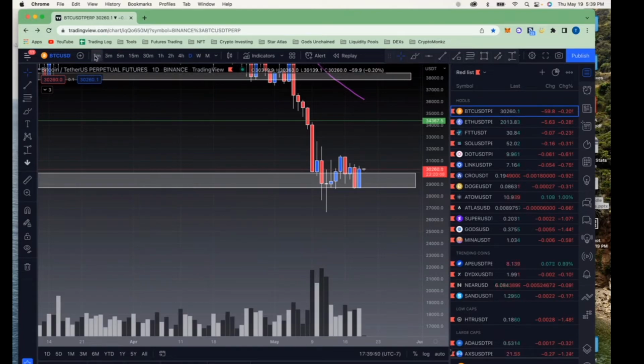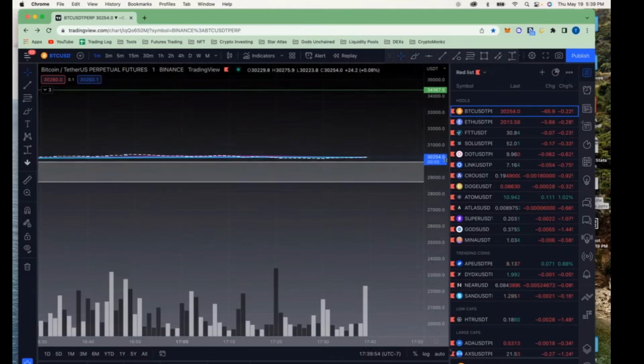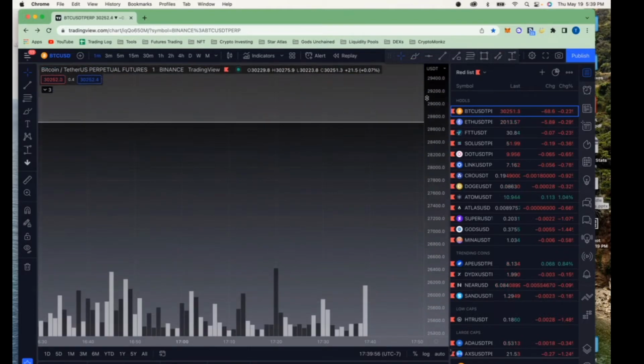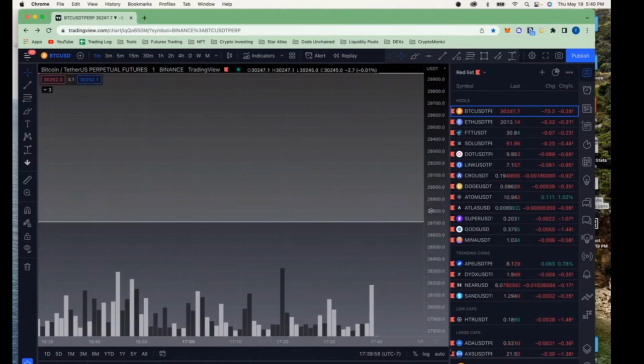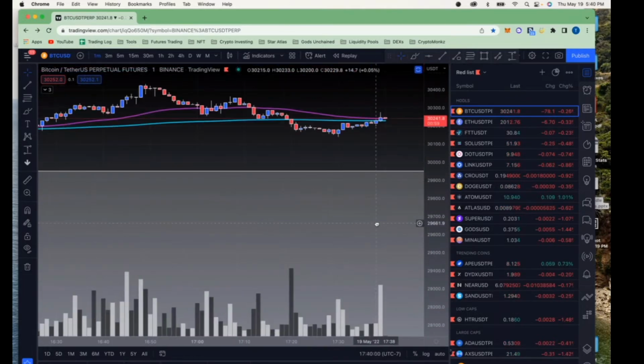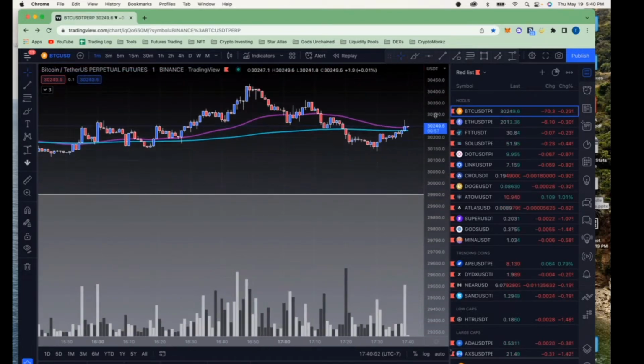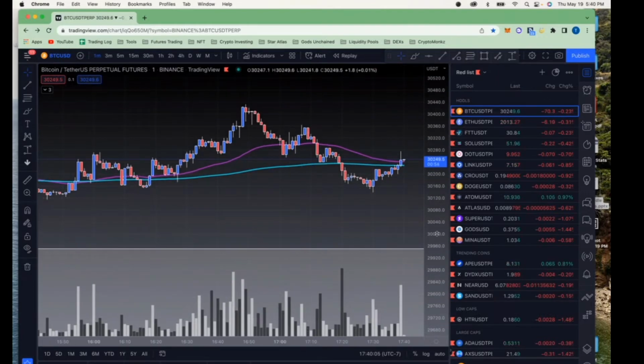Whereas on 1, 3, and 5 minutes, I'm sure you could see these being printed, but unless you're scalping, you have to be really quick, right?